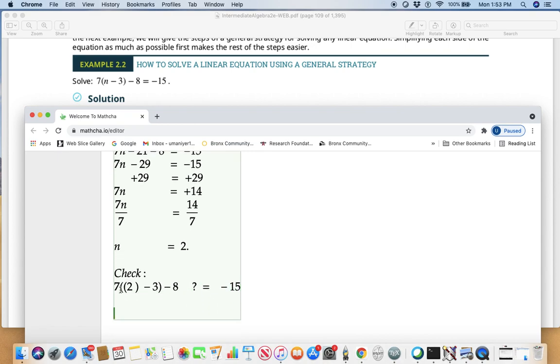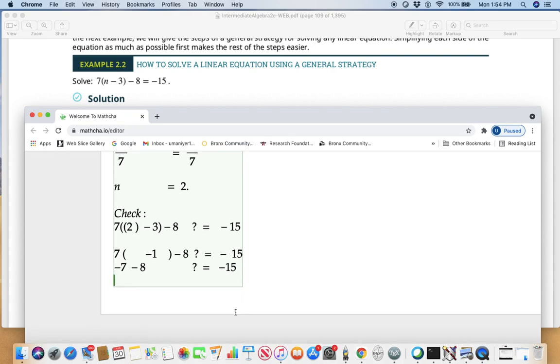All right. Parenthesis simplification first. So I'll leave the 7 outside and I'll simplify inside: 2 minus 3 is negative 1. 7 times negative 1 is negative 7. Minus 8 question equals negative 15.